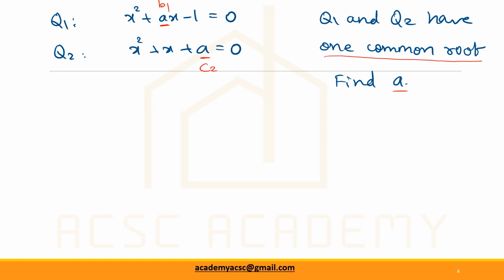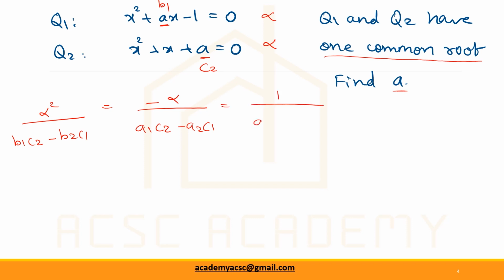Now, as we have learned the second one, let us go with it. We will call the common root alpha. And then we can say that alpha squared upon b1 c2 minus b2 c1 equals minus alpha upon a1 c2 minus a2 c1 equals 1 upon a1 b2 minus a2 b1.